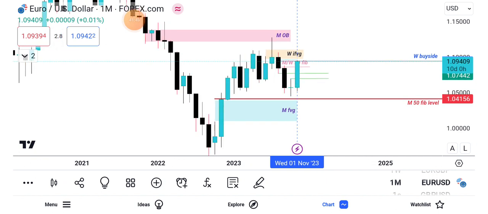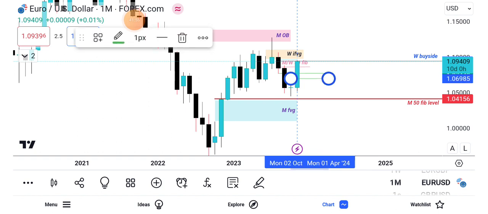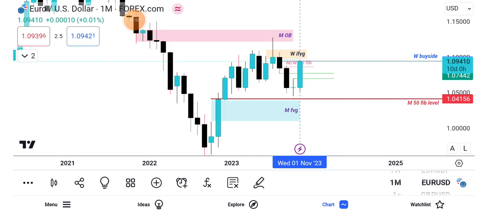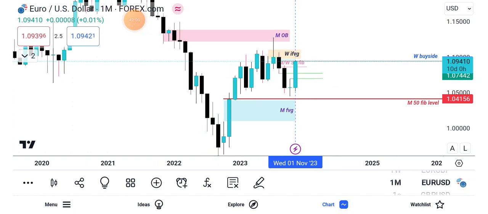So we want to see this monthly candle close inside this monthly fair value gap there, for us to continue with lower prices.